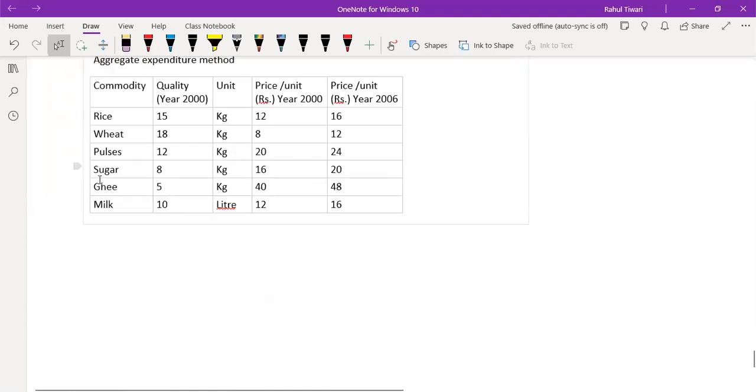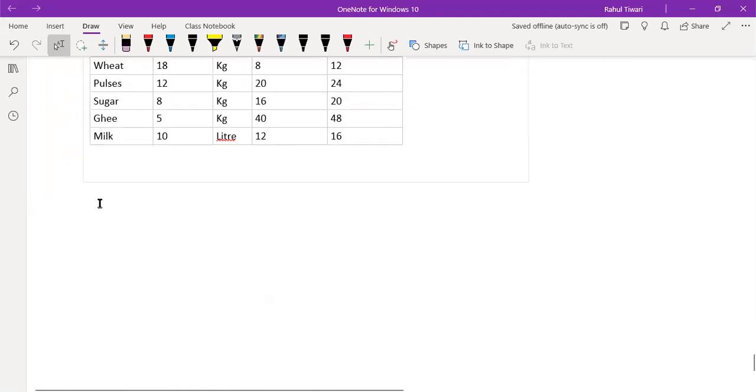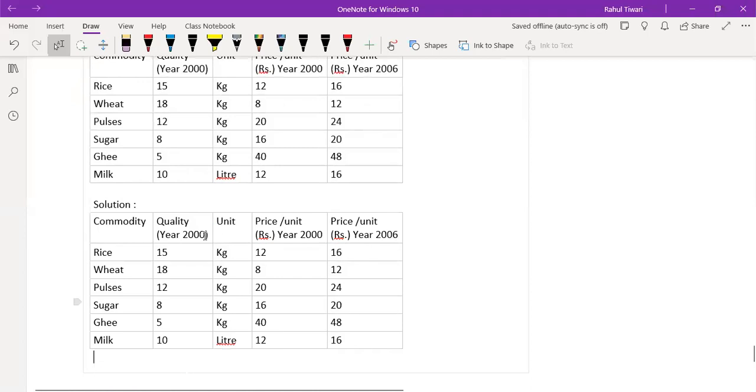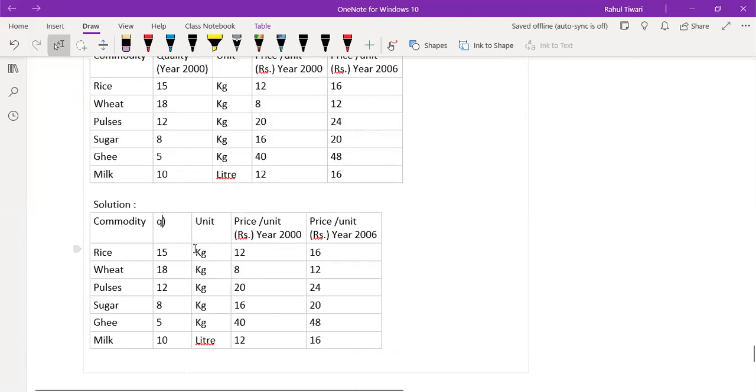Take down the solution. I'll just copy this one. So this is Q0.